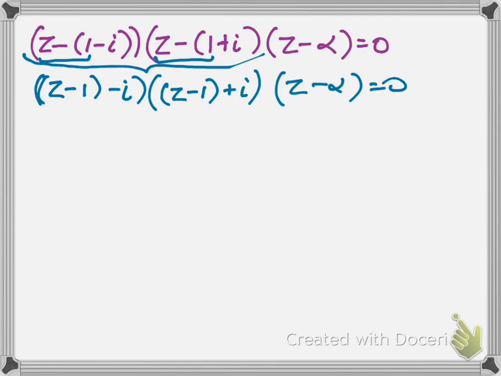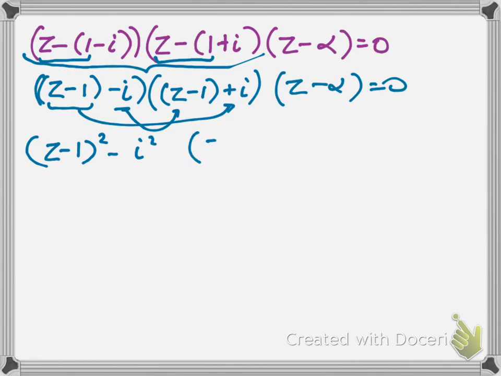If you multiply this with that and this with that, the terms will be the same and they will cancel, so it's like a difference of squares. So what you end up with is z minus 1 whole thing squared minus i squared, into z minus alpha.